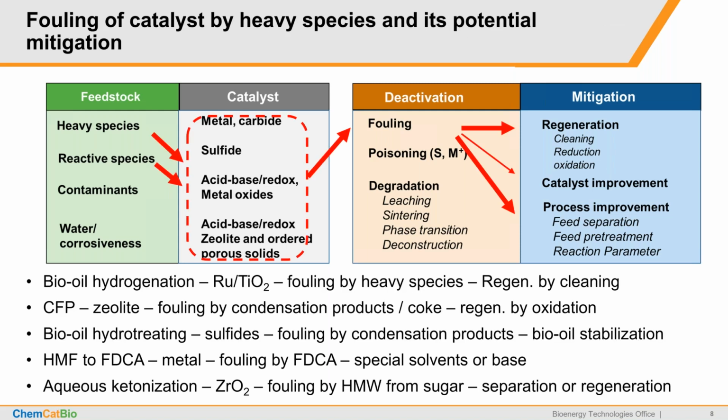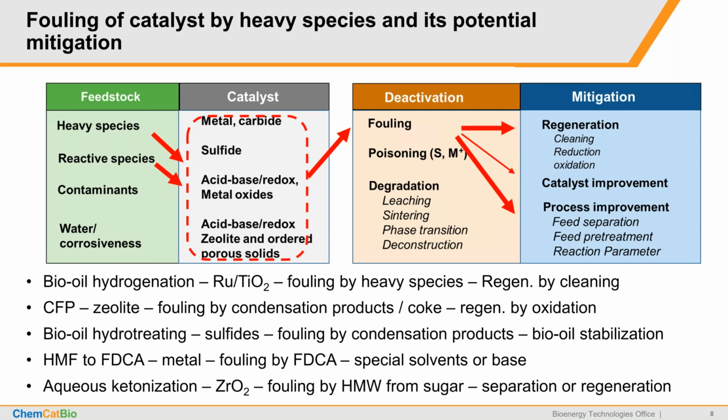Let's first look at the heavy species and reactive species issue. Heavy species normally come from the conversion of biomass, which is a high molecular weight polymer, into our intermediate product, and it normally leaves residual high molecular weight species. Those can also be formed from reactive species in the biomass-derived feedstock, especially aldehydes and ketones, which form heavy species by condensation or polymerization reactions.